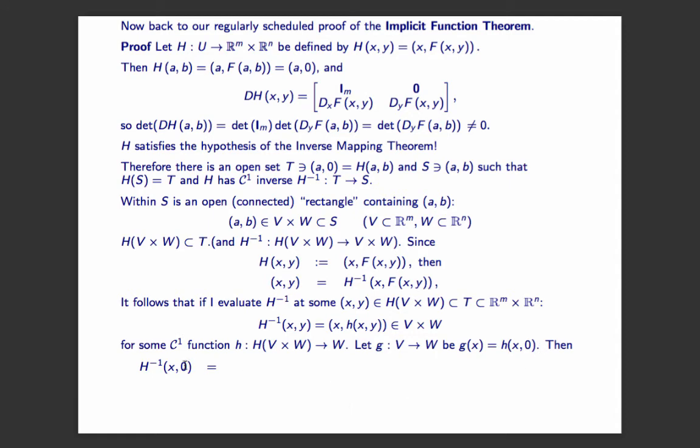Then H inverse of (x, 0), again, we can just use this formula for H inverse, equals (x, h(x, 0)). The x gets mapped to x, the 0 is going to get mapped to some function of x and 0, and h of (x, 0) is what I've renamed to be just G of x.